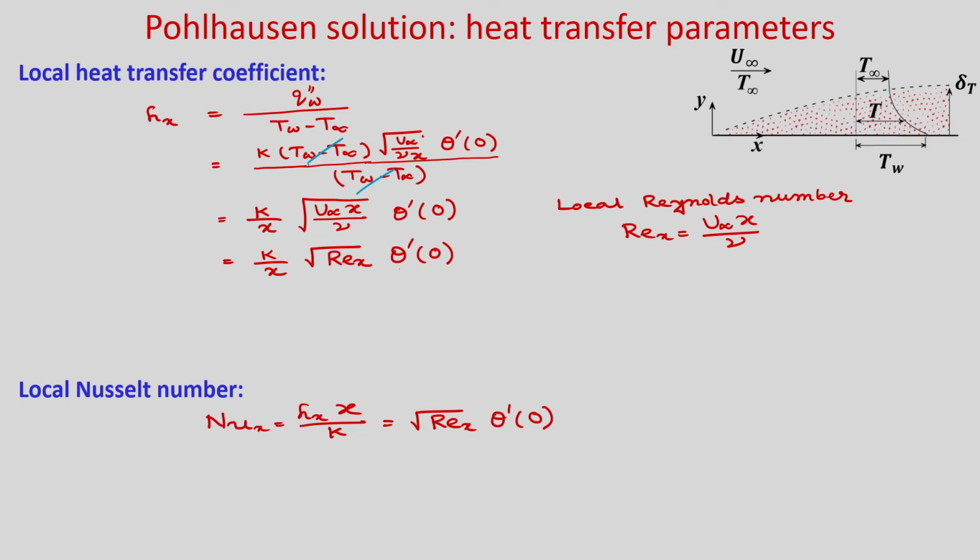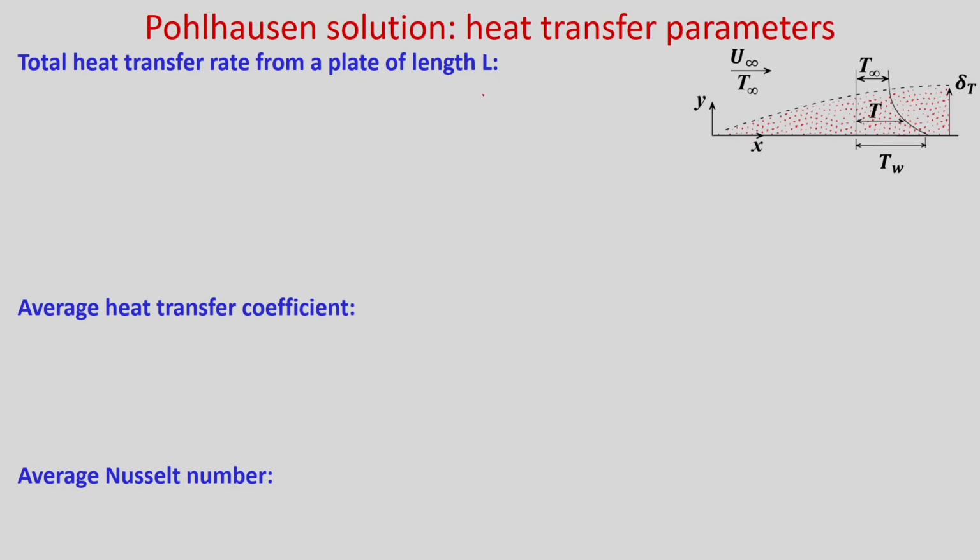Now, let us calculate the total heat transfer from the plate of length L, and we will calculate it per unit width. So, the total heat transfer rate from a plate of length L is Q_w. Just the local heat flux you have calculated, into area. Per unit width, it will be 1 into dx, and you need to integrate from 0 to L, where L is the length of the plate.